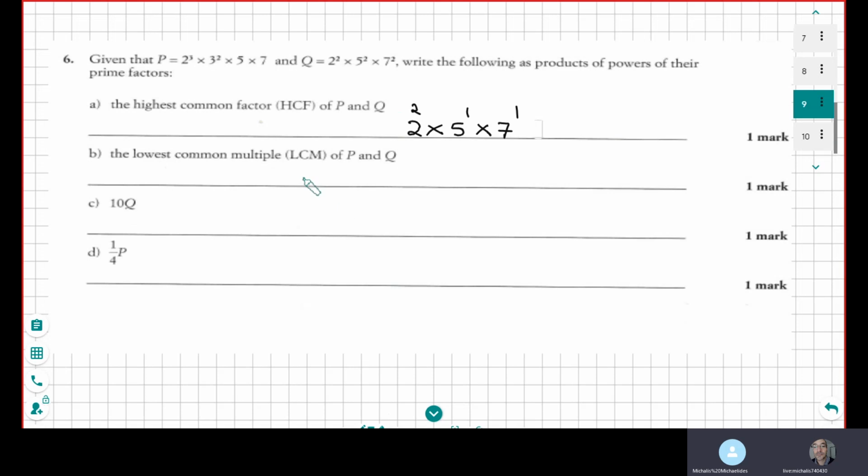So the lowest common multiple here will be 2 to the power of 3, the common factors with the highest powers, 2 to the power of 3 times 5 squared times 7 squared, and all the other factors. So you need to use the 3 squared here also.